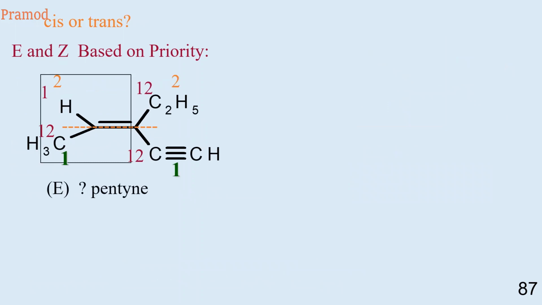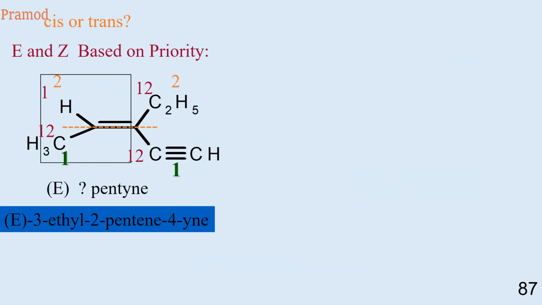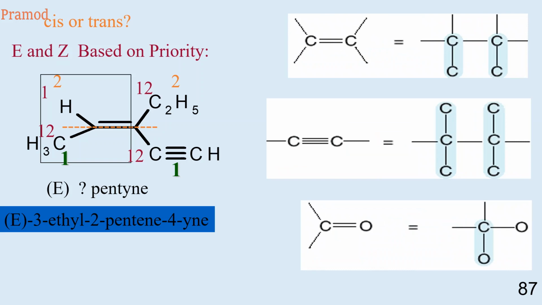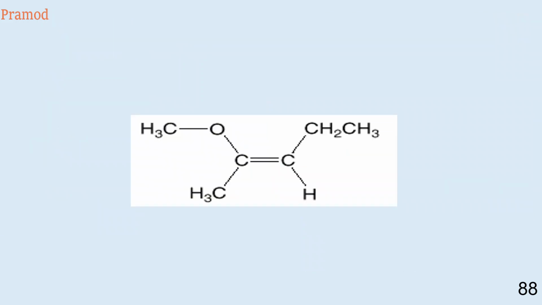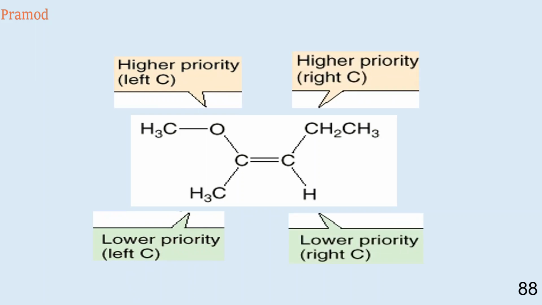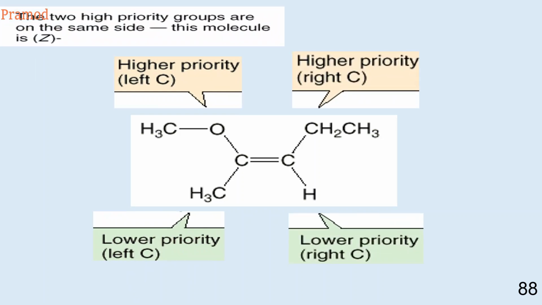Now if you see, the similar groups are on the same side. So it is Z configuration. Higher priority, lower priority: this is how you give the priority. If the high priority groups are on the same side, it is known as the Z isomer.